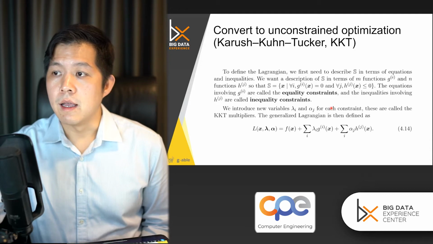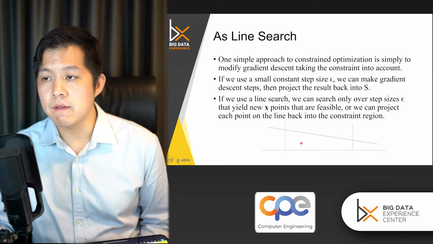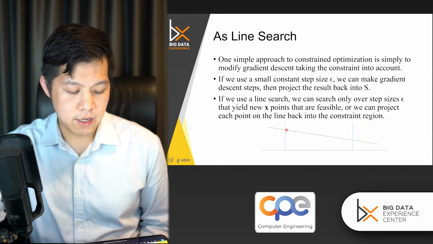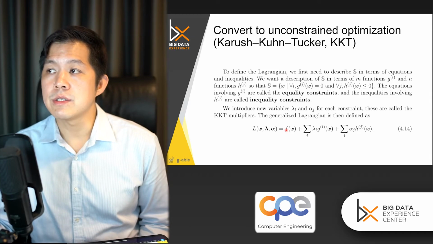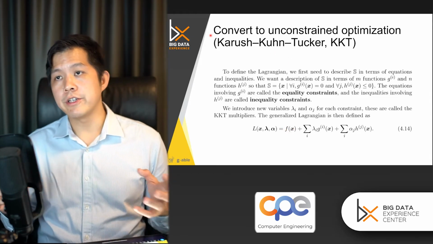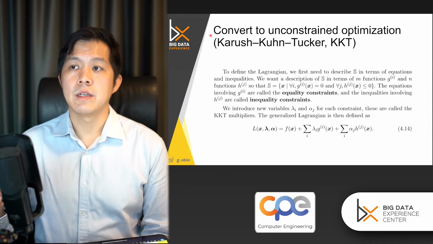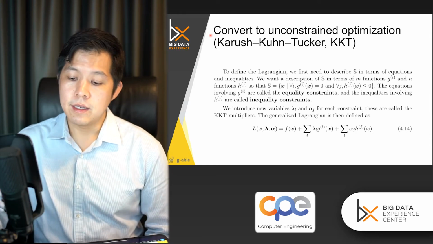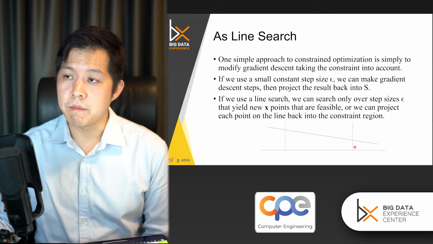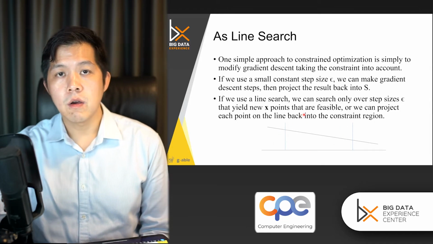Okay. Now, if you think about this, we now have the region that the value would be valid, and this allows us to convert the constrained optimization into an unconstrained optimization. So the idea is that instead of having a constraint defined as the limit point of the optimization, we can convert the constraint.